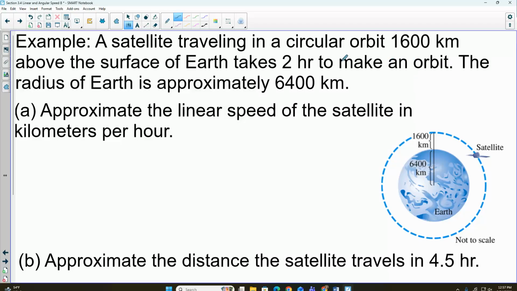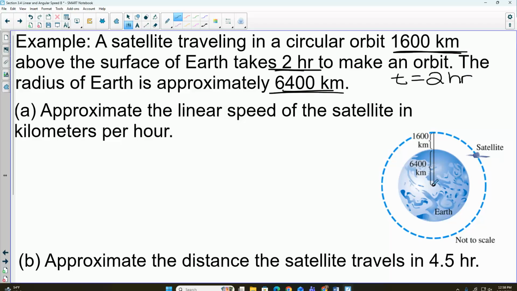A satellite traveling in a circular orbit 1,600 kilometers above the surface of the Earth takes 2 hours to make an orbit. The radius of the Earth is approximately 6,400 kilometers. All right, so let's figure out what information I just gave you. 2 hours would be the time, okay, the 1,600 and the 6,400.